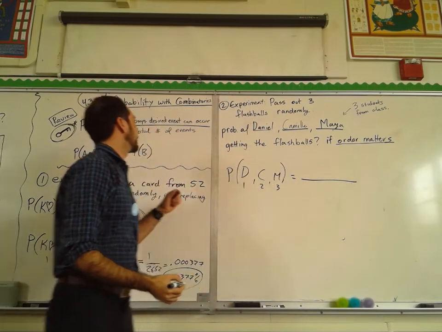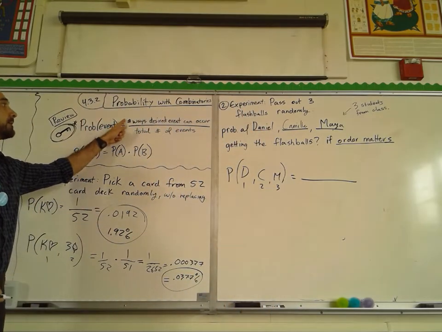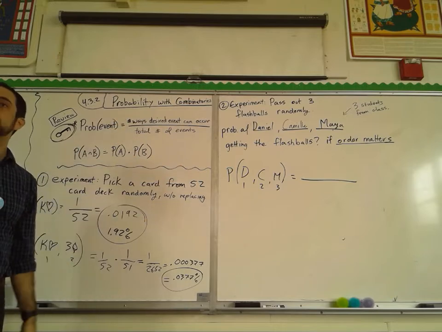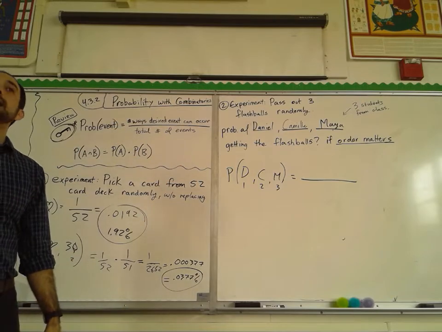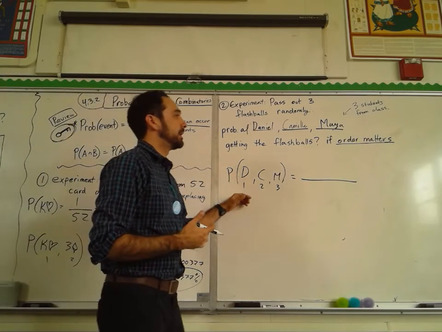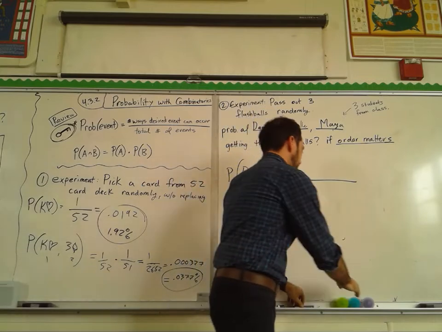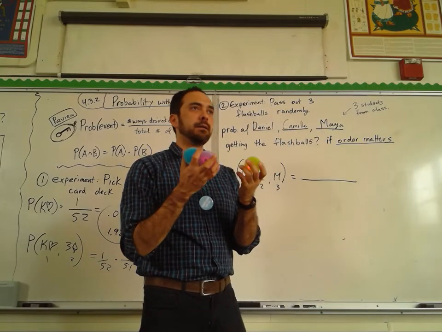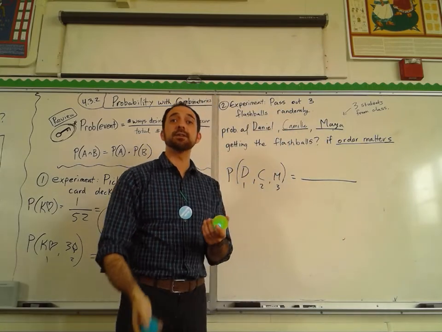First off, looking back over here, the number of ways the desired event can occur. How many ways can this situation happen? Not how many options, not how many total number of events, but I want to throw the flash balls out here, right? Randomly, and first it goes to Daniel.